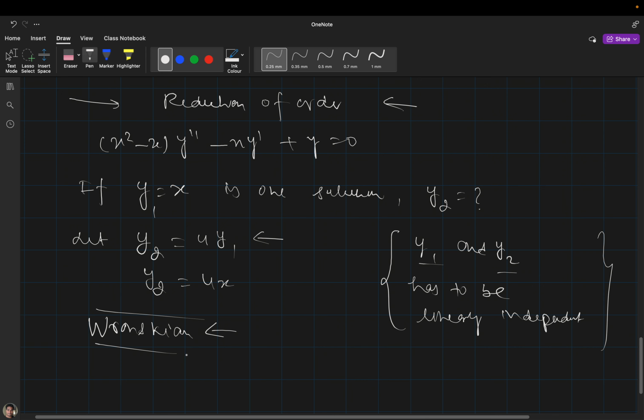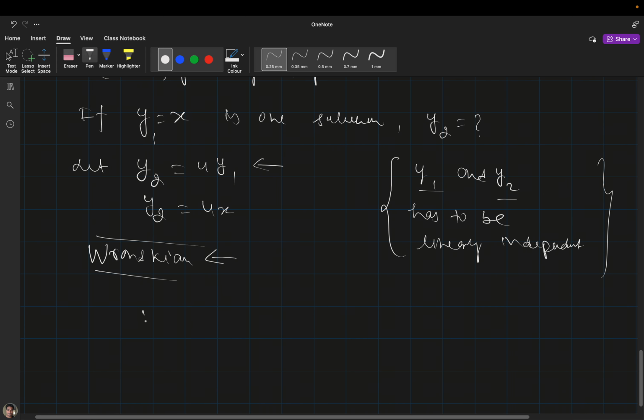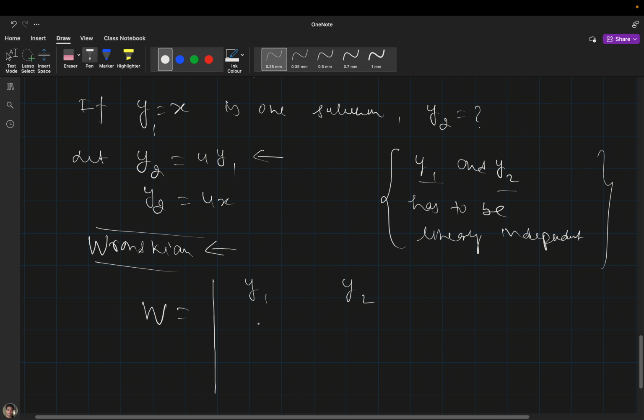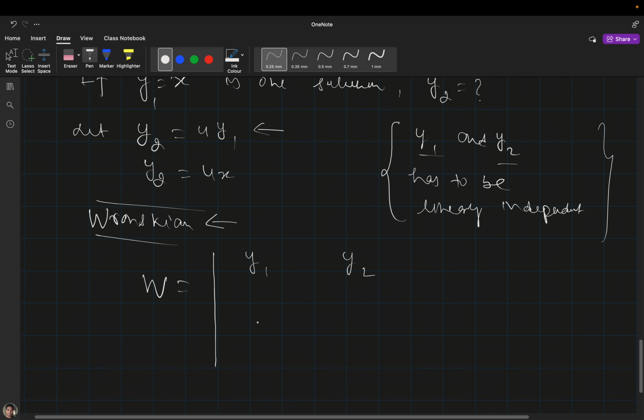Wronskian is something like this. It is a determinant of this form. Suppose you have two functions y1 and y2. Then the first row will be y1 and y2, and the second row will be the derivative of y1 and the derivative of y2.